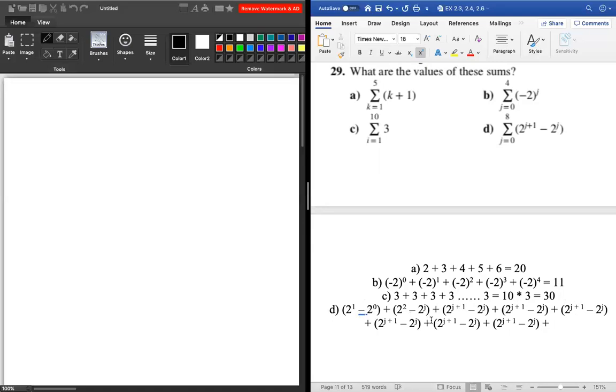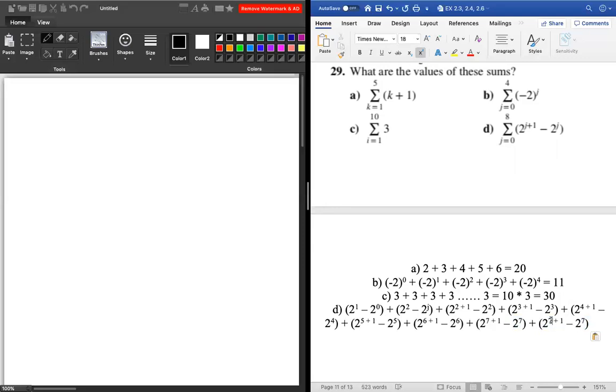Now here 0, 1. So this is 2. This is 2 as well. This is 3. This is 3 as well. This is 4. j is 4. 5. j is 5. 6. j is 6. 7. j is 7. And then we need another one for 8 because it's going up till 8. So this is here 8.